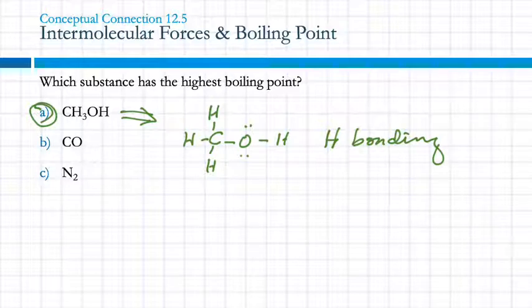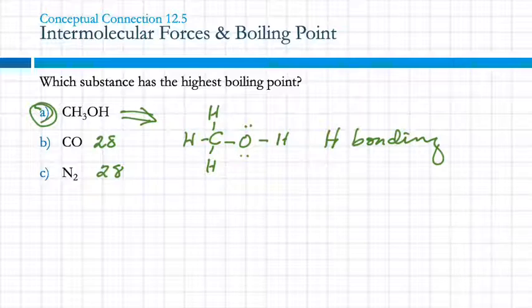We should think about size. Are these kind of close in size, or are they hugely different in size, in mass? They're different, but are they crazy different? This one has a molar mass of 28, and this one is also 28, 16 and 12, right?